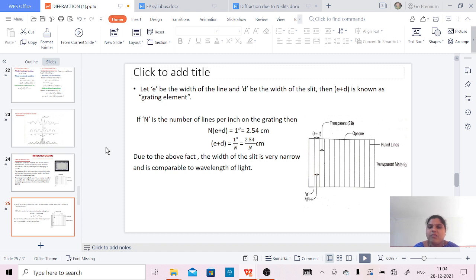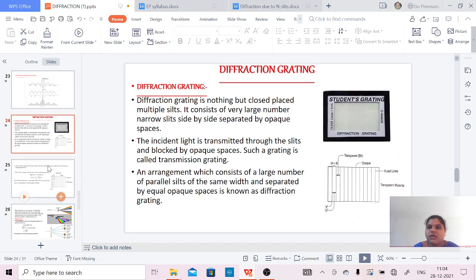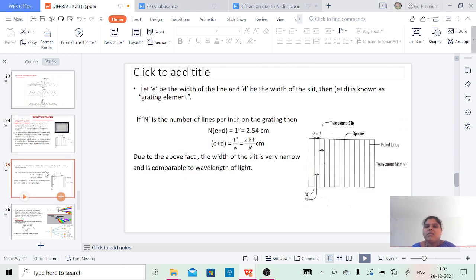If n is the number of lines per inch on the grating, as in the previous case we have 15,000 lines per inch, the inches should be converted into centimeters or meters. So 1 inch equals 2.54 centimeters.